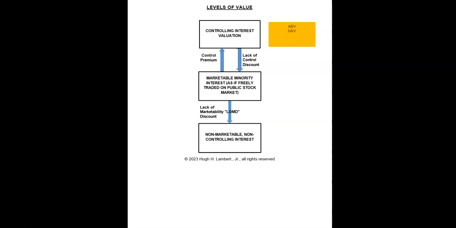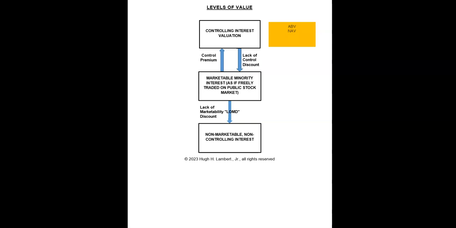Let's now think about the market-based methods. We had two market-based methods: comparable companies, which traded in the public stock markets, the NASDAQ and the New York Stock Exchange. And then we had the mergers and acquisition method, where one company acquired control of another. So let's start with that second approach, the M&A method.